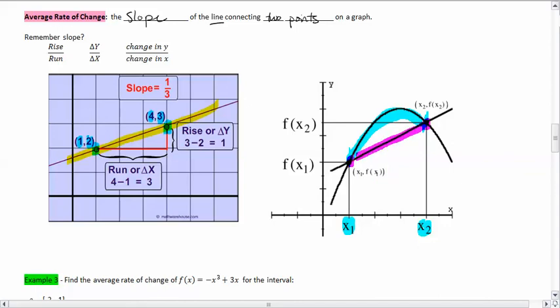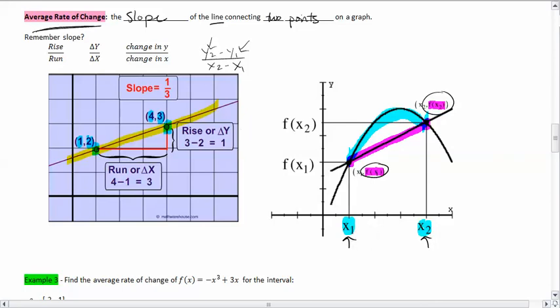The way that you do that is you take f of x2 as your y minus f of x1. When we talk about slope, we also say y2 minus y1 over x2 minus x1. So this f of x2 becomes your y2. F of x1 becomes your y1. And then you divide that by x2 minus x1. It's the exact same thing. It's going to give you your average rate of change.